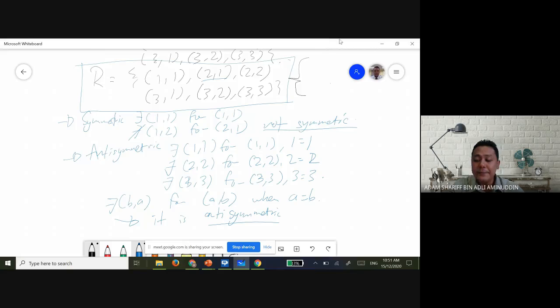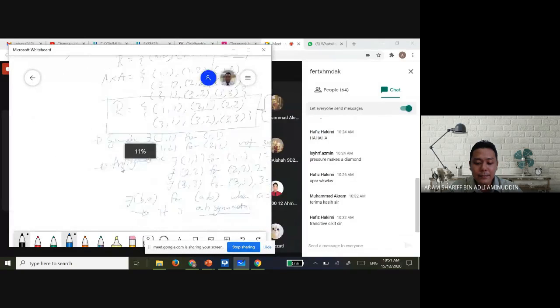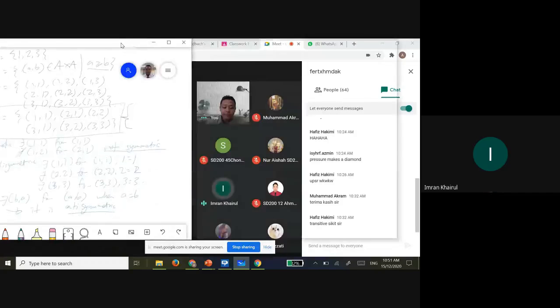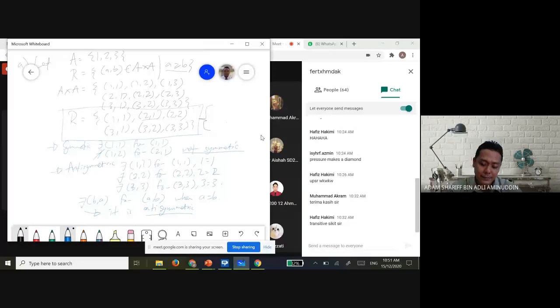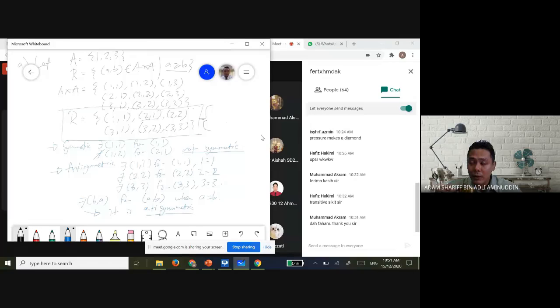Okey, ada soalan? Sir, dalam nota tu dia kata a relation cannot be both. Okey, saya dah cakap dah dalam kelas lepas dan saya cakap lagi sekali. Dia boleh sama, dia selalunya tidak sama.